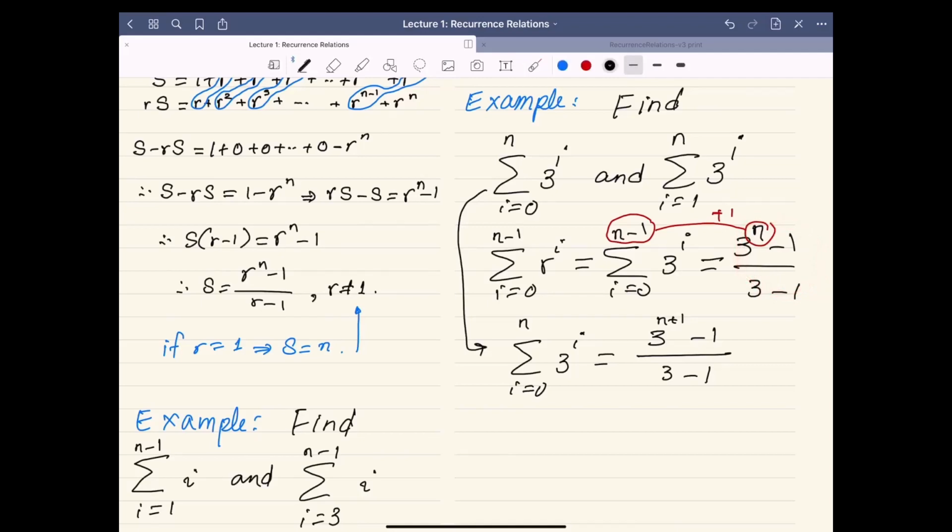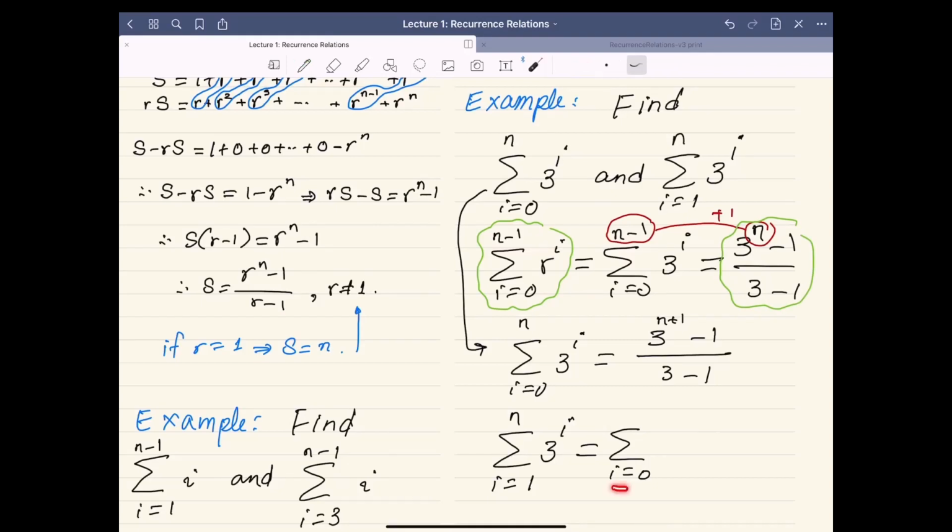Now for the other one, make the adjustment so that it starts from 0, because our original geometric sequence starts from 0. I will surround our original geometric sequence to link the answers for the new ones. And now this one, the new one, starts from 1.